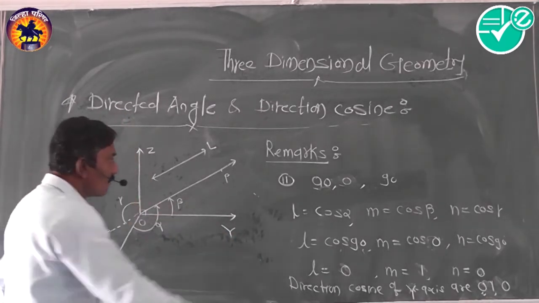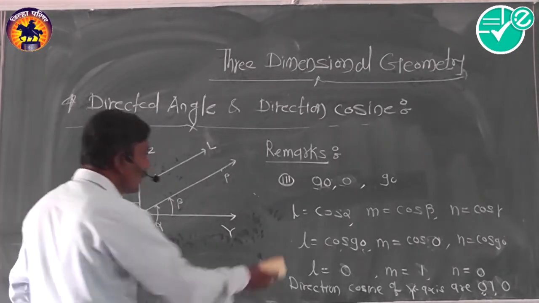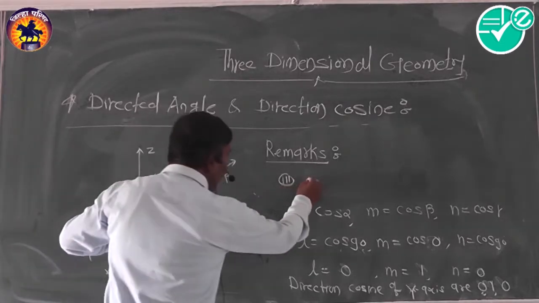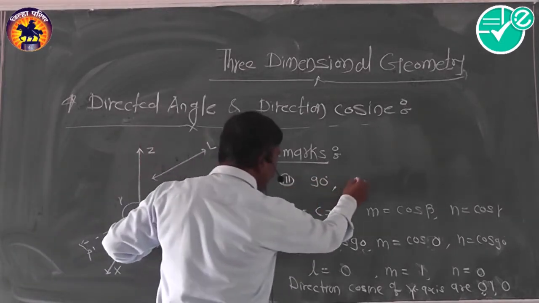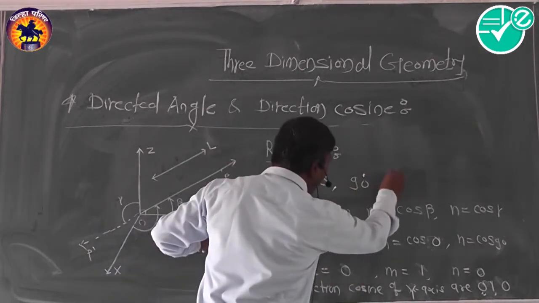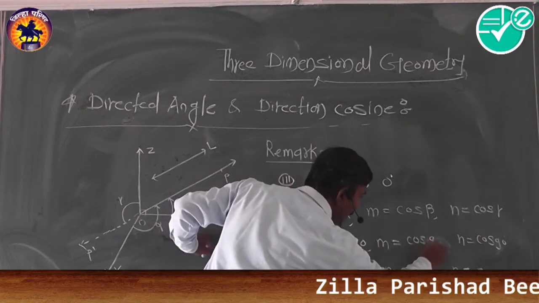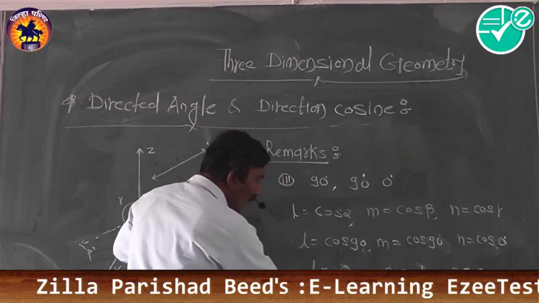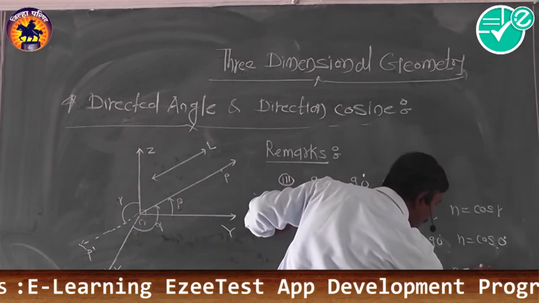And the third, the direction cosines of the z-axis. The angles created are 90 with the x-axis, 90 with the y-axis, and the z-axis itself makes a 0 degree angle. So this is cos 90, which is 0, this is 0, and cos 0 is 1.